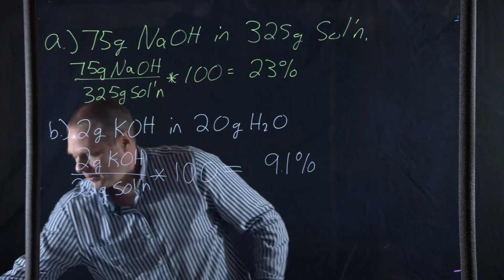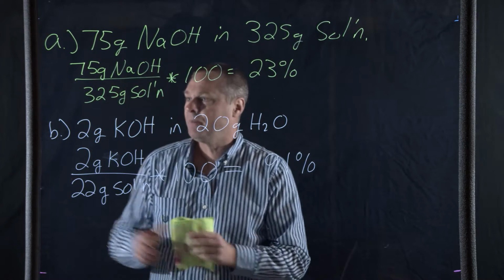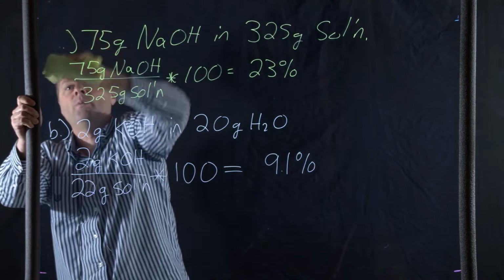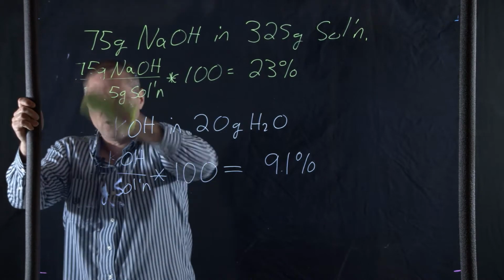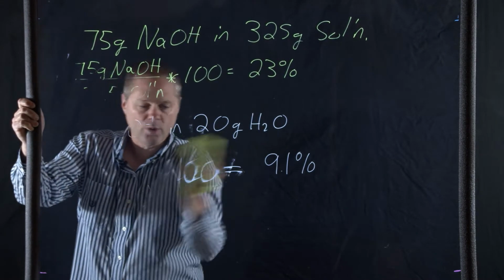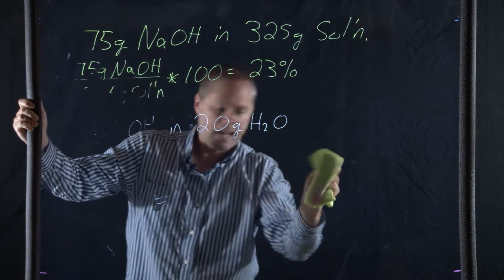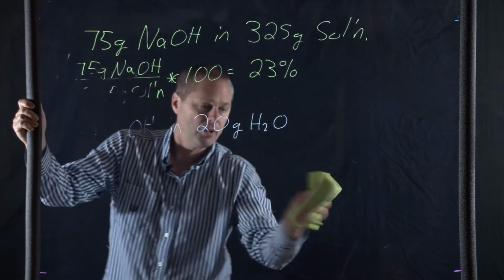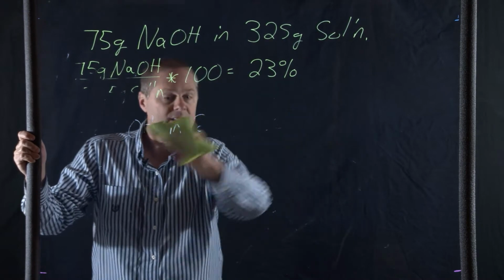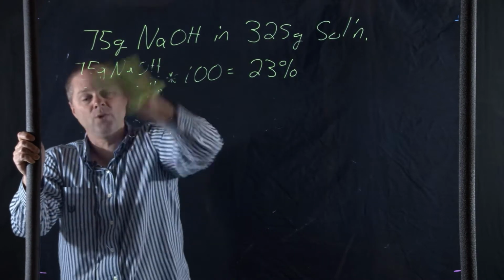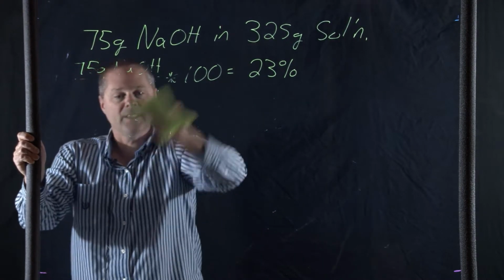Let me do a little bit of erasing before we continue on. But it's important to know whether the problem is giving you the mass of the solution or if it's giving you the mass of both the solute and the solvent. For instance, in the first problem, we had the mass of the solution. In the second problem, we had it separated: the mass of the solute as well as the mass of the solvent.